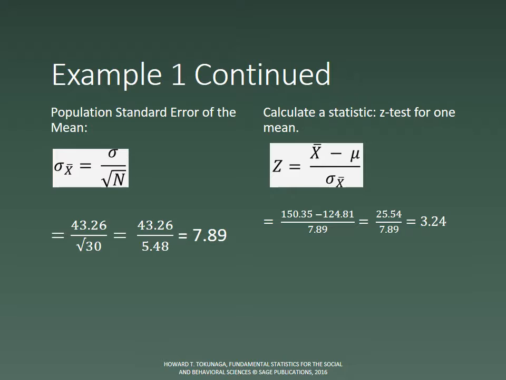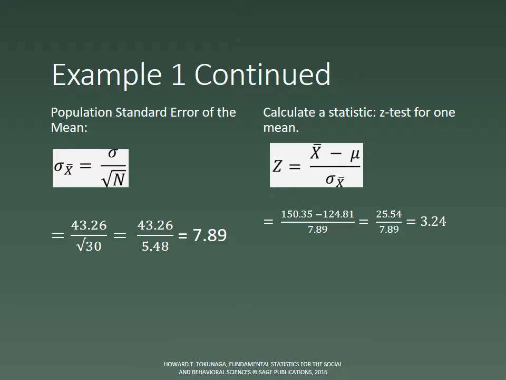Well, the population standard error of the mean is calculated as the standard deviation divided by the square root of the sample size. So the population standard deviation would be 43.26 from that example, and our sample size is 30. So we take the square root of 30. When we get down to that answer, we get 7.89.